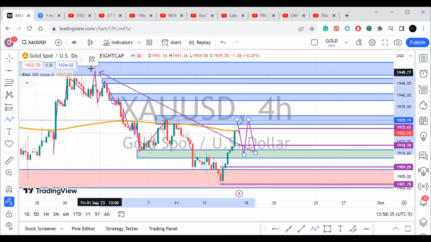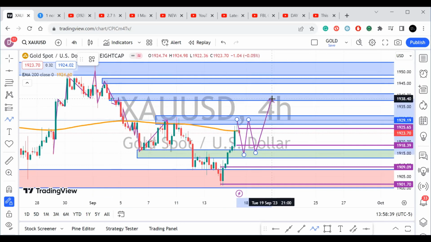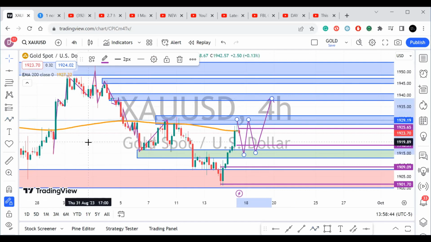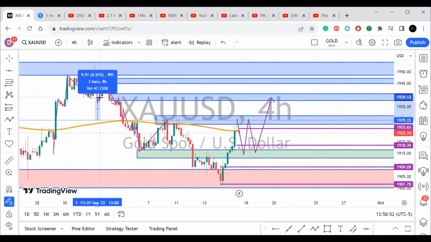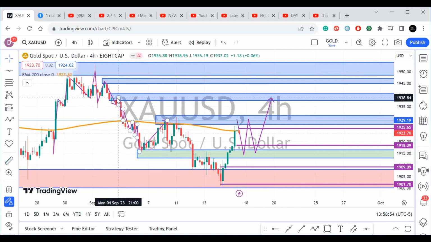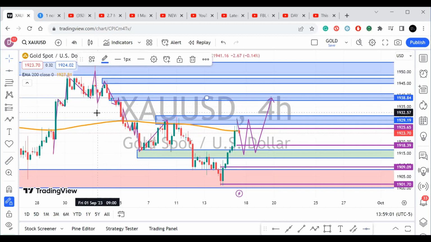My next buy, I'm going to try to aim for this next high, this area.